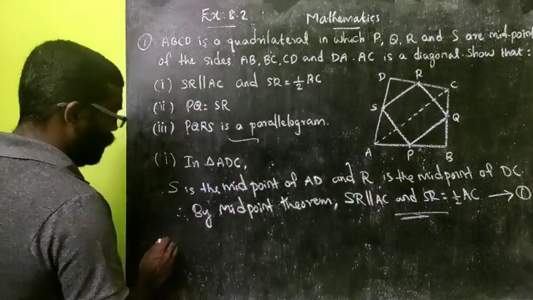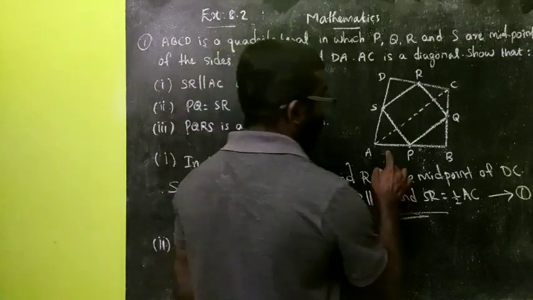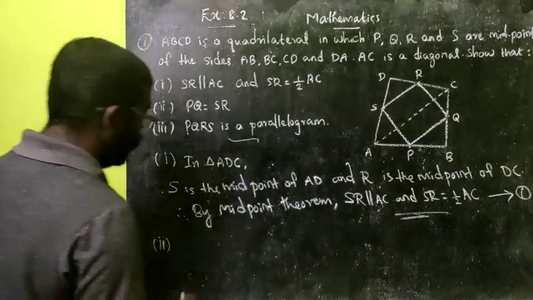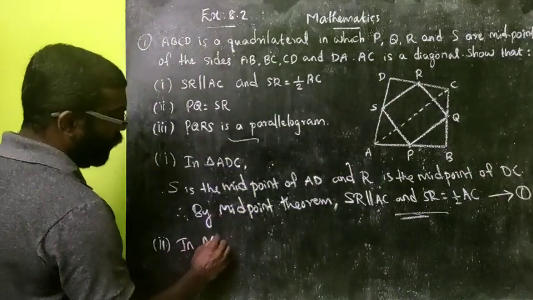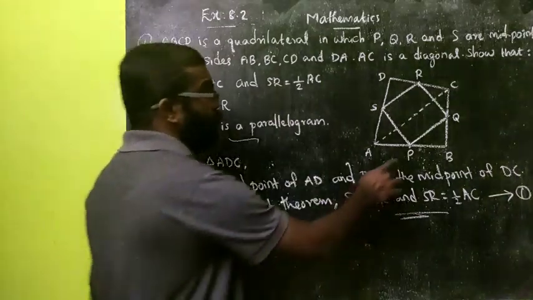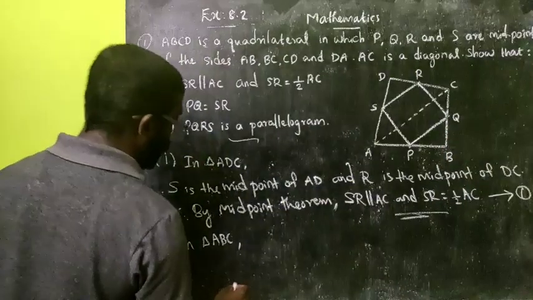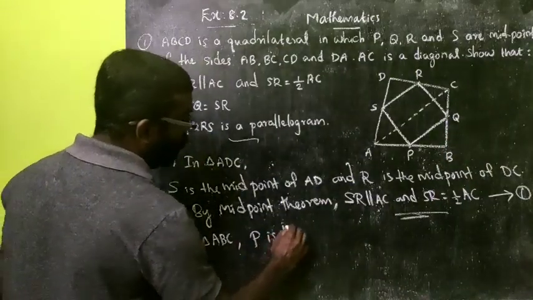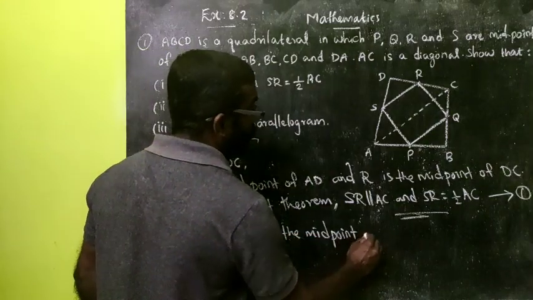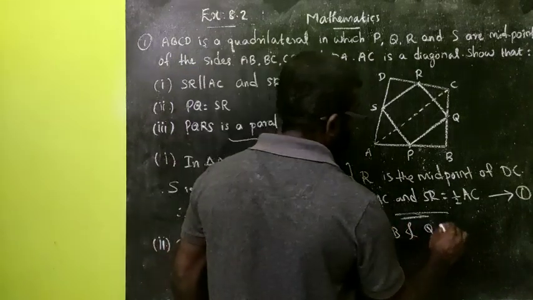Now we can consider the second part, PQ is equal to SR. For that we can consider the next triangle, ABC. So in triangle ABC, P is the midpoint of AB and Q is the midpoint of BC.